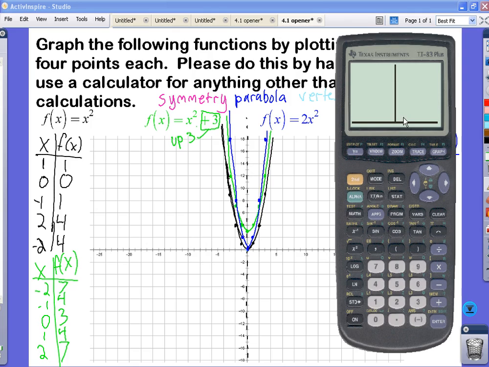See, what's happening is the graph is so skinny we can't even see it. So let's go back into the window. Now you can see it. It's like a roller coaster. Put another 0 here. That's cool. I want to do this now.